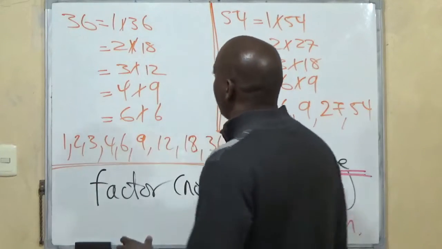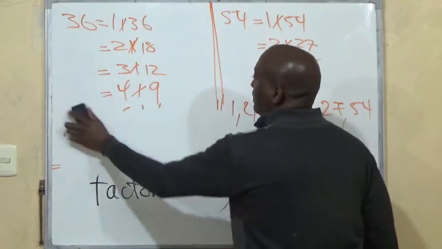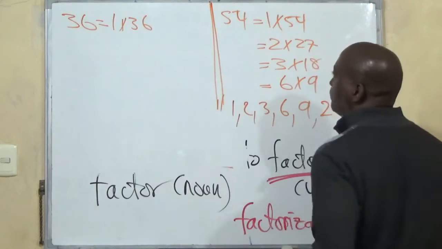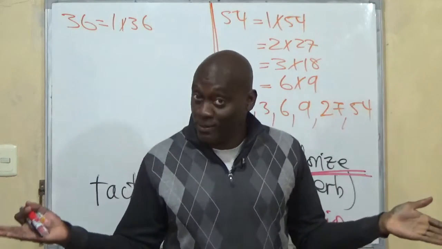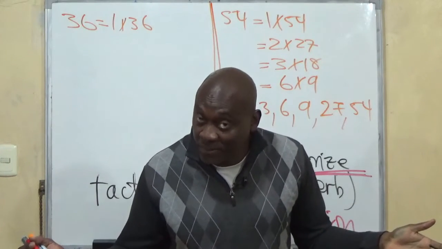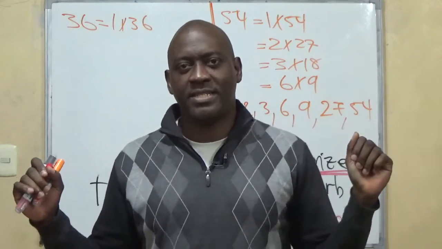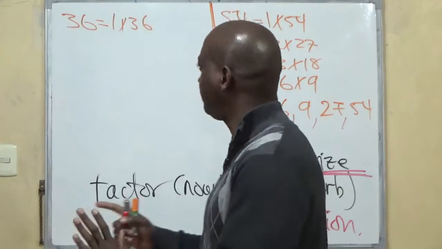Watch. Let us start with the number 36. Again, we start with our good friend, the number 1. So 36 is 1 by 36. No problem.